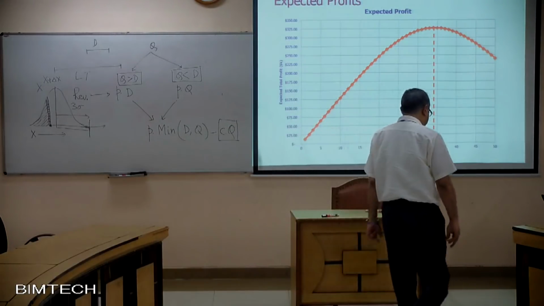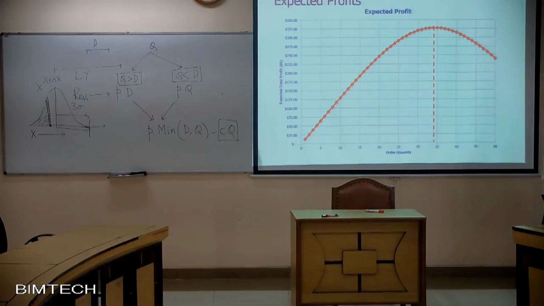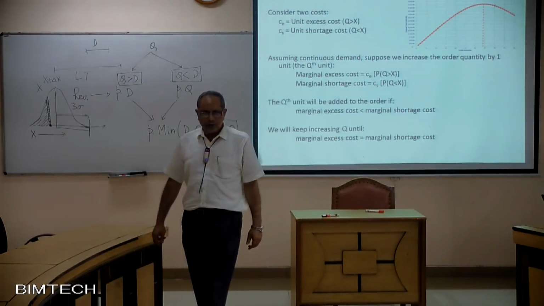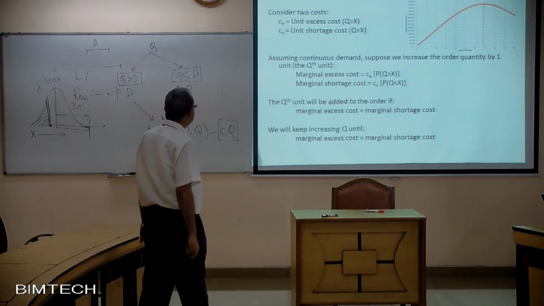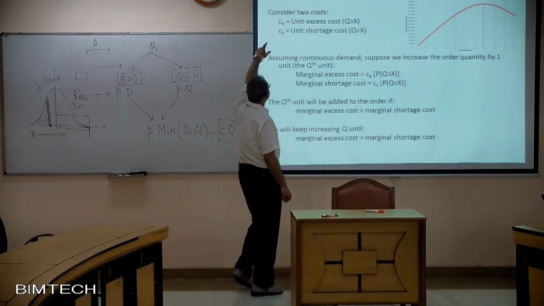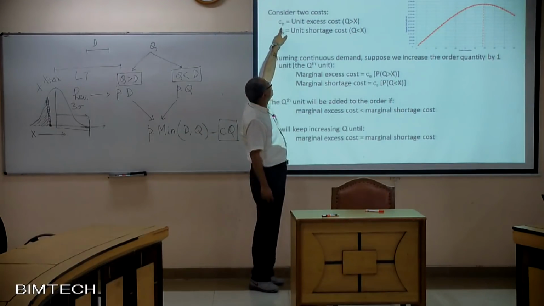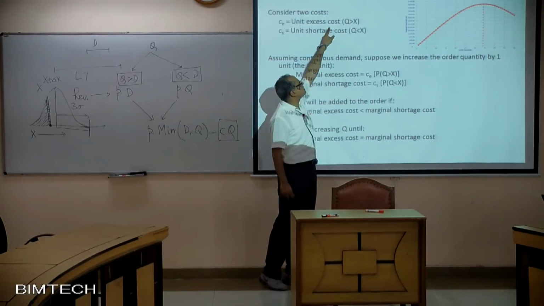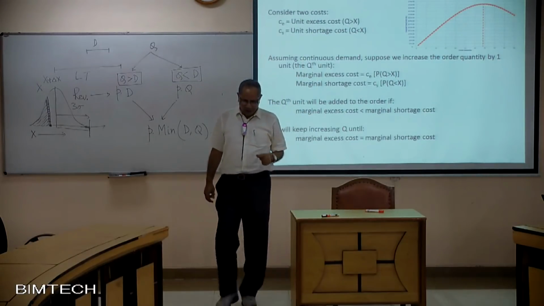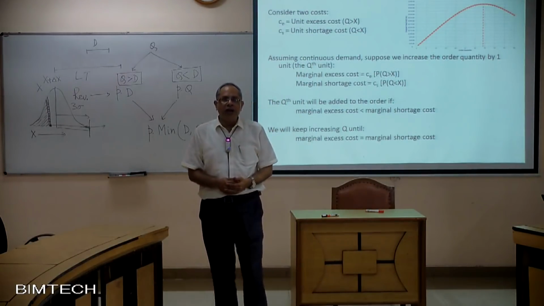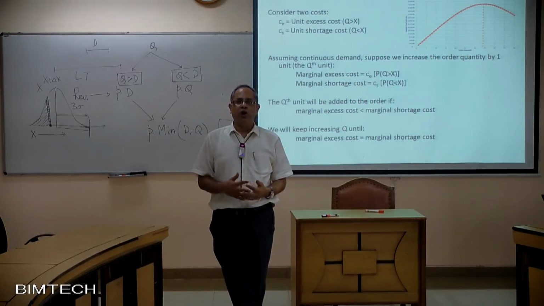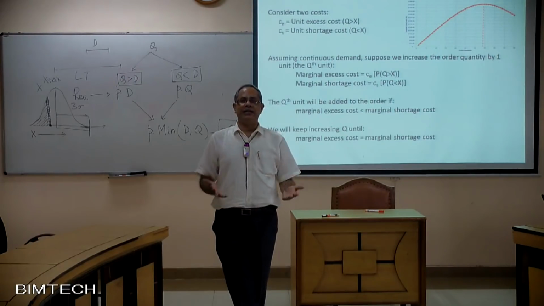So what is marginal analysis? Let us see. Let's consider two costs, okay? The first cost, CE, is called the unit excess cost, E standing for excess. And the unit excess cost applies when we go excess over the demand, which means that the order quantity exceeds the demand.